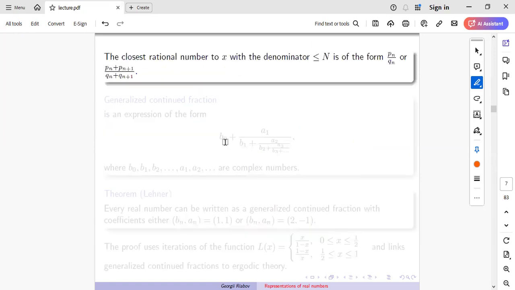Okay, and what is more important, it can be proved, but it is not an easy result.